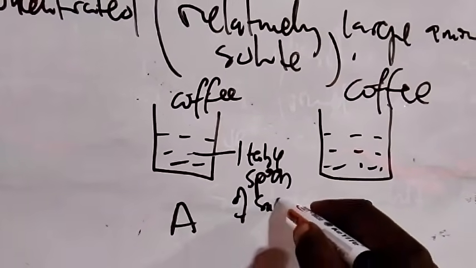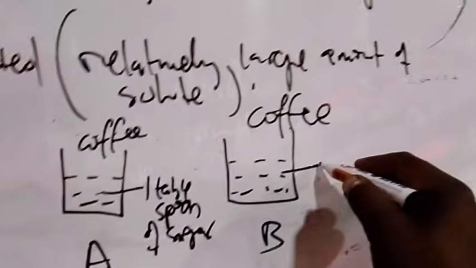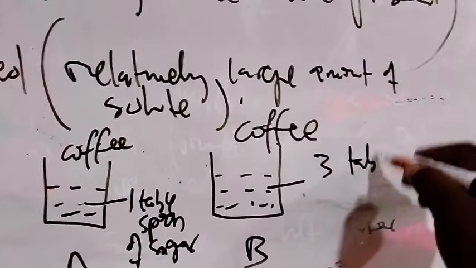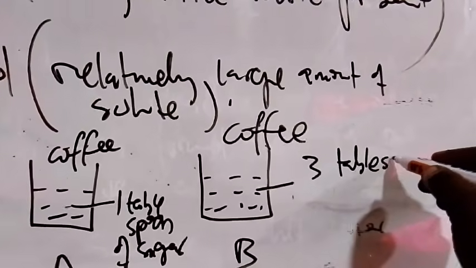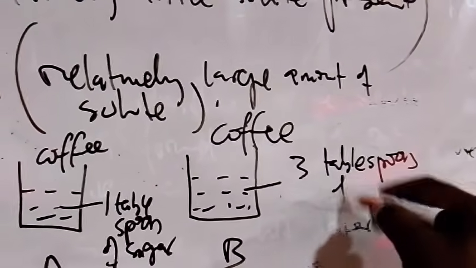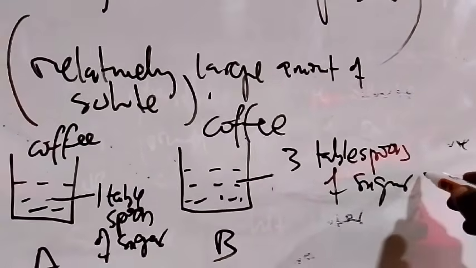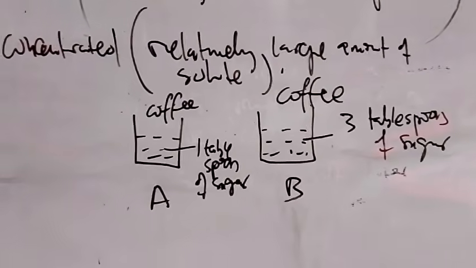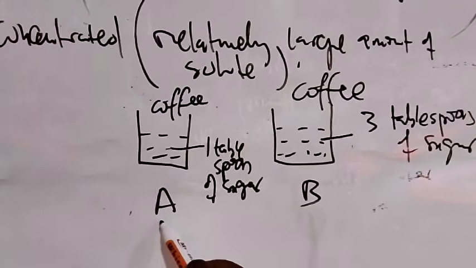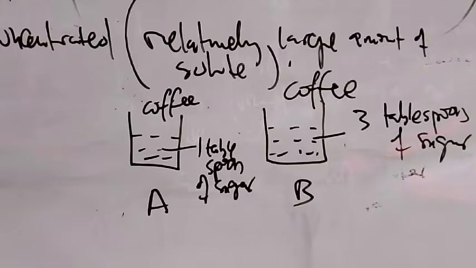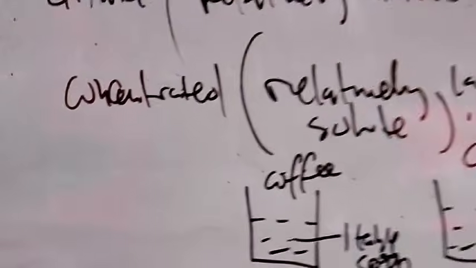Then here you add 3 tablespoons of sugar. Which one do you think is more concentrated? A is dilute, then B is concentrated. So the more solute present, the more concentrated the solution will be.